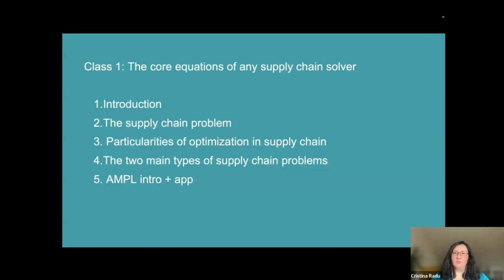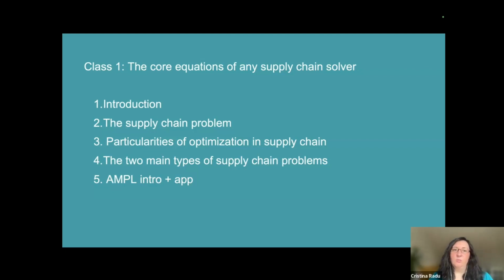The first class will focus on the introduction of the supply chain solvers, and in particular the core equation there, because all the solvers in supply chain have an equation which is central and determines the way the solvers work.